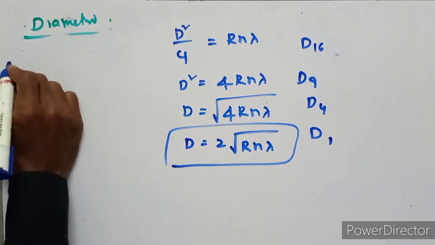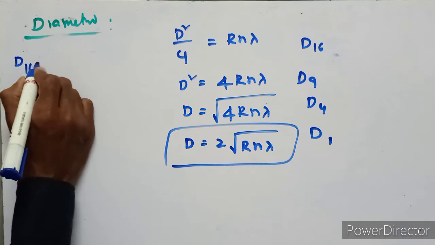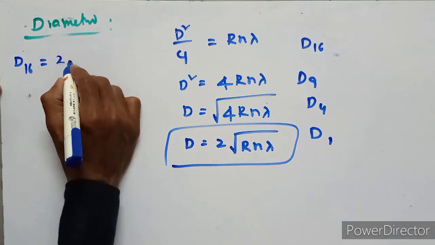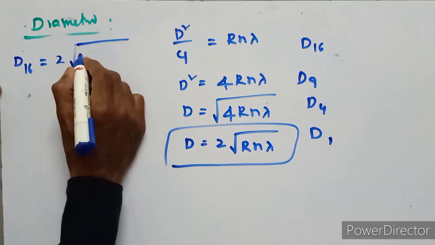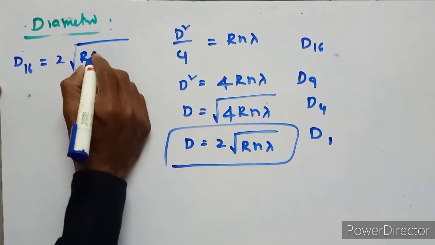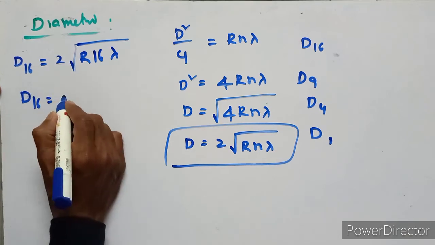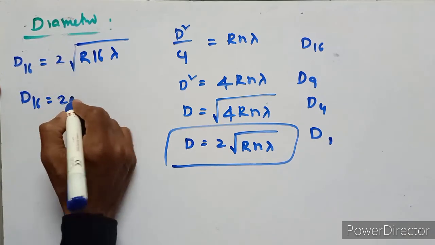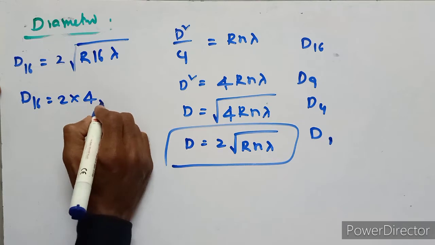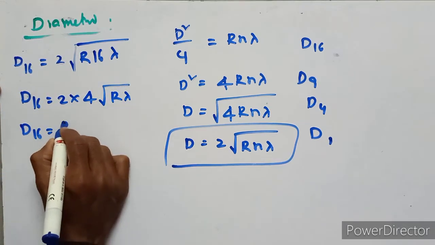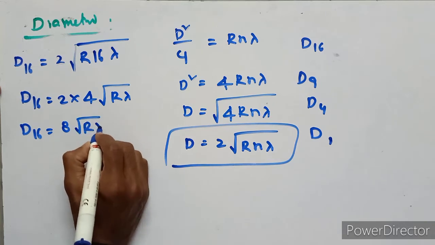So D16 = 2√(R·16·λ), D16 = 2 × 4√(Rλ), D16 = 8√(Rλ).